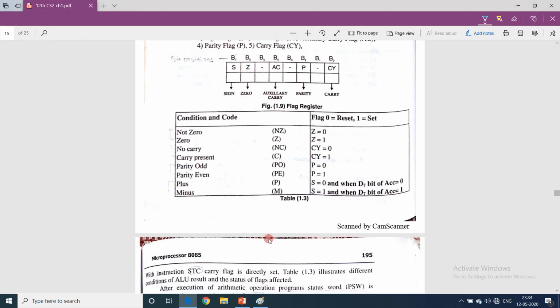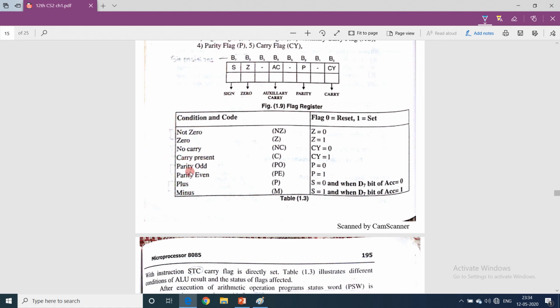That is what it meant. Mostly the sign flag is used when we are performing subtraction, not in addition. There is no need for the sign flag in addition. That time we ignore the 7th bit, but during the subtraction operation the processor checks the D7th bit.